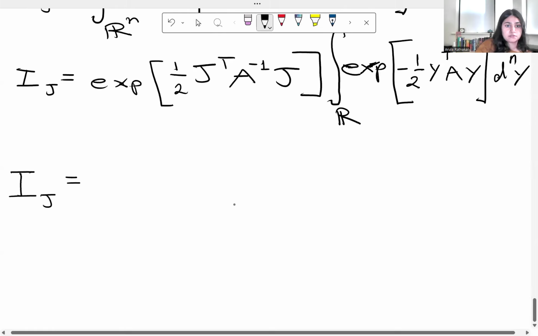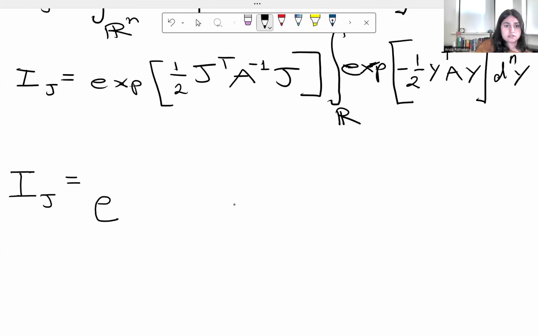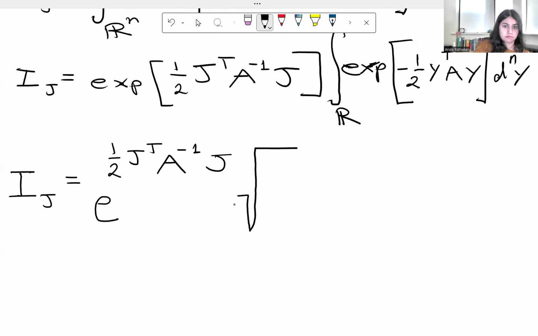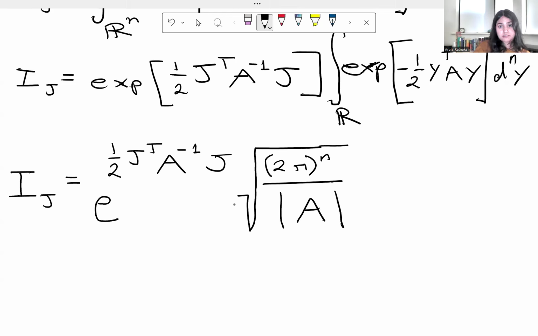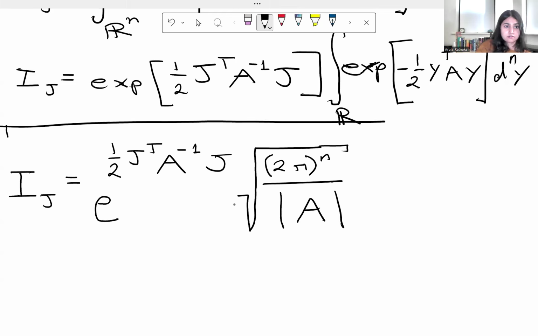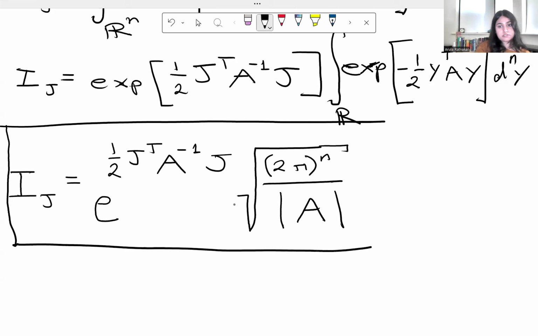IJ is equal to E raised to the 1/2 J transpose A inverse J, times our result from the n-dimensional Gaussian integral without the source, the square root of 2 pi to the n over the determinant of A. And this is our full solution to the n-dimensional Gaussian integral with a source term J, where that source term J is shifting and rescaling the Gaussian.